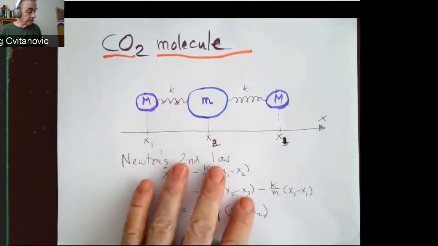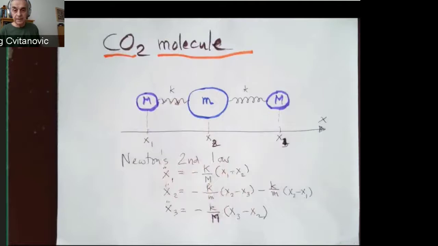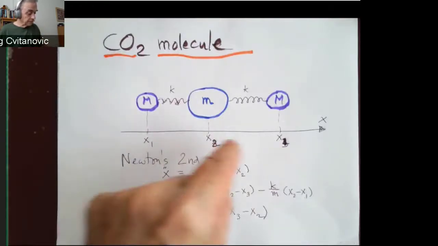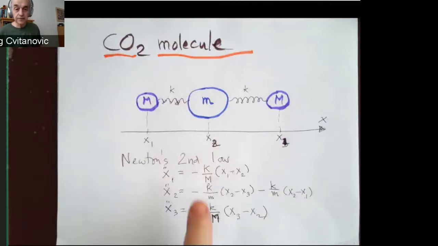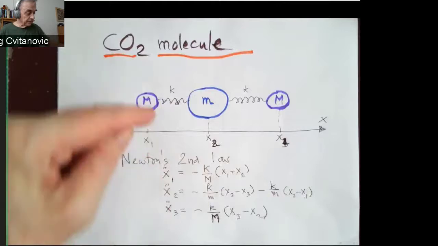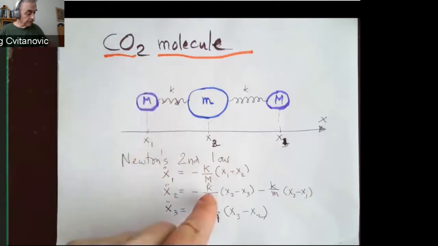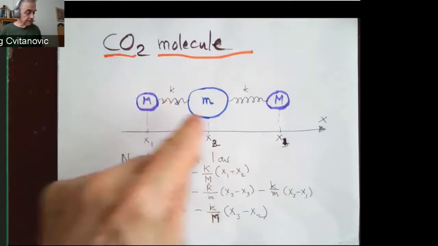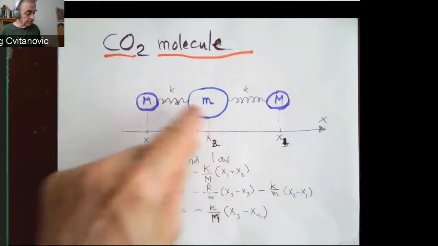So this defines the energy of the system because it tells it what the masses are and how stretched the two springs are. And now Newton's second law says that acceleration of particle 1, 2, 3 is proportional to the force it experiences, which is the stiffness of the spring, the mass of this particle, and the stretching of the spring corresponding to particle 2.